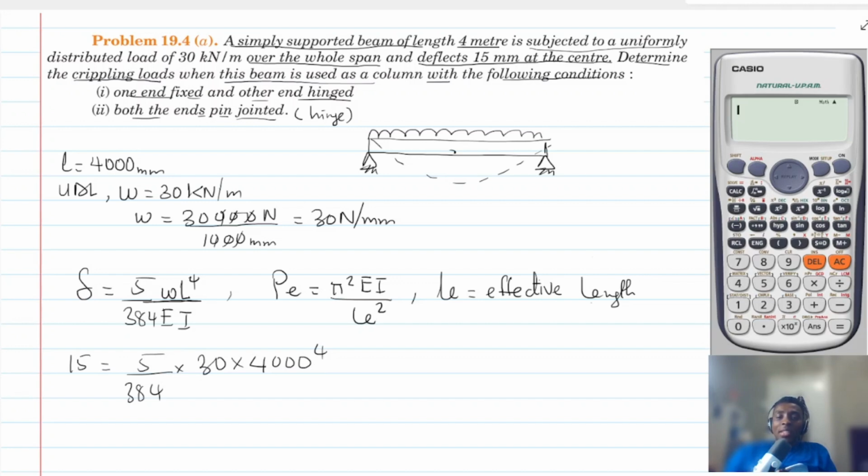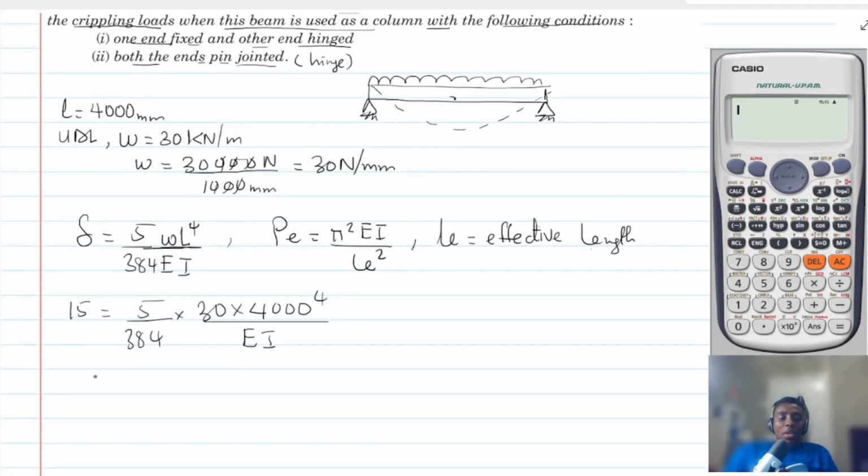So essentially it is the EI that we are after, because once we have EI, we can go ahead and calculate the Euler load. So if we make EI the subject, we are going to get what?